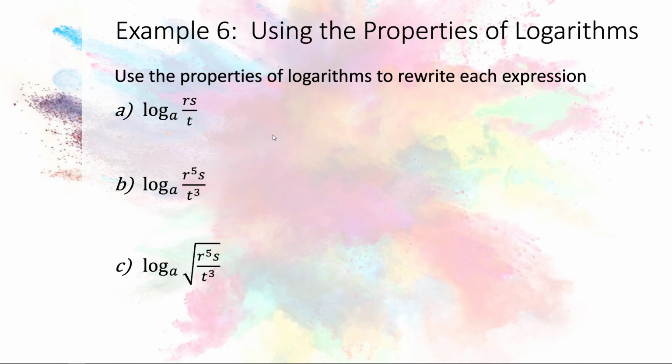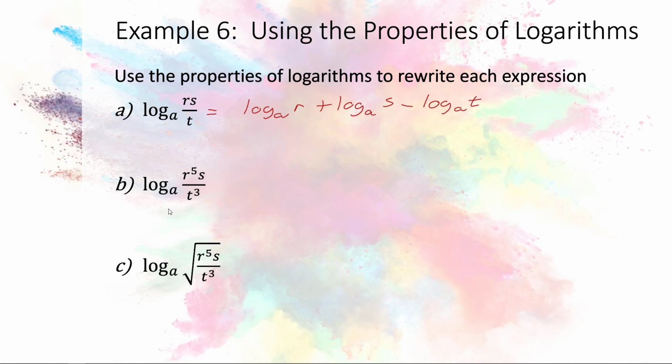Basically, we can use the product property to rewrite the numerator as log base a of r plus log base a of s. And then we can use the quotient property to write minus log base a of t. And that's it. The product property for these two, and then the quotient property for this.